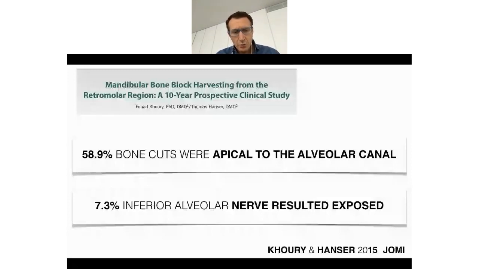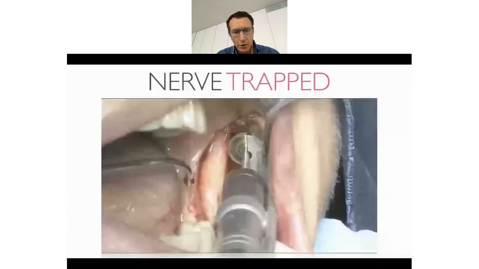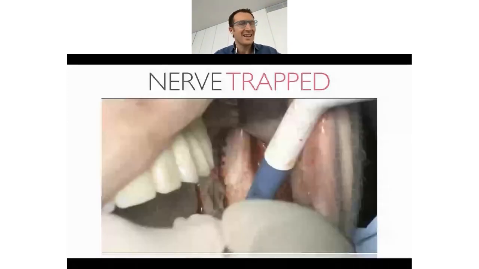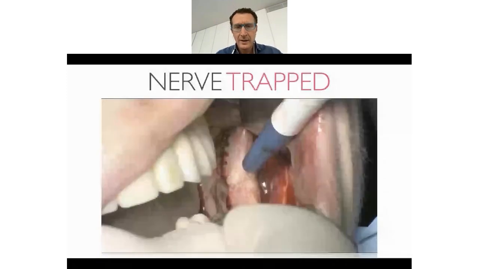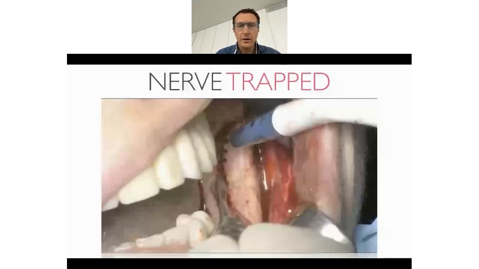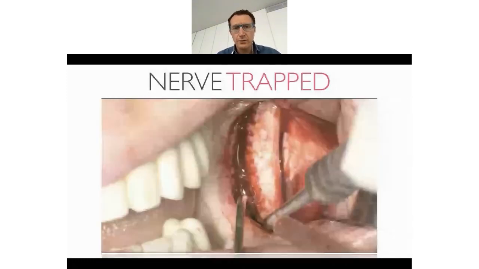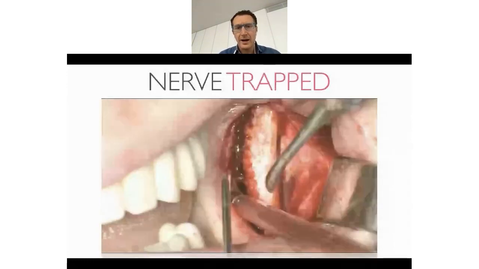But what really changed completely my approach from a freehand approach to a guided approach was this case that happened to me in 2011. I was working on a freehand Khoury's approach for bone harvesting from the retromolar area, and what happened?